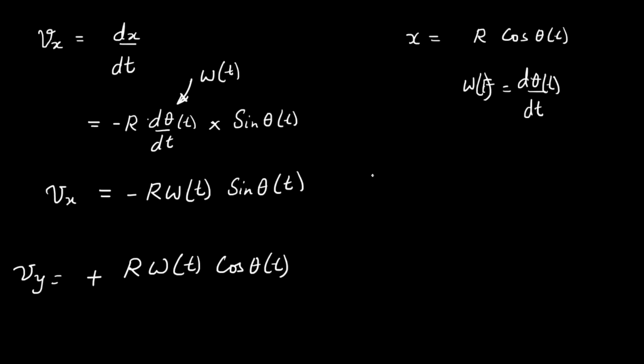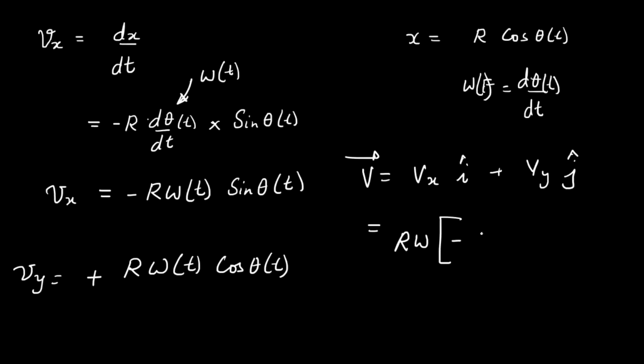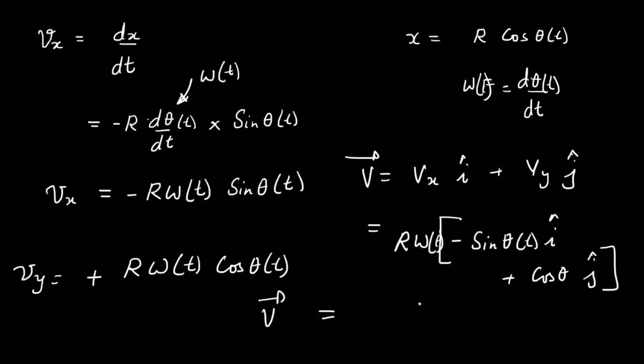Now the whole thing is combined, and we write this as Vx i plus Vy j, and this is the velocity, and this is equal to, I'm just writing it a little compactly, minus sine theta i plus cos theta j. So it looks exactly like the previous case, except like I said, omega is not a constant. So v is, and by the same reason, the direction is perpendicular to the position vector.